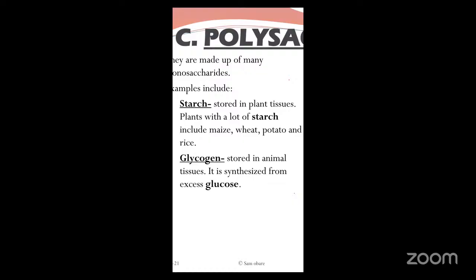When you're eating githeri or roasted maize or boiled maize, the type of carbohydrates you're consuming is a polysaccharide, a complex carbohydrate. When you take anything that is made of wheat, that is mandazis or chapati or pancakes or any food that is made of wheat, you are consuming a complex carbohydrate which is wheat.